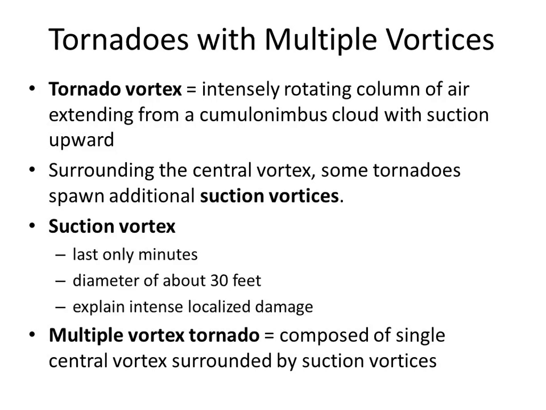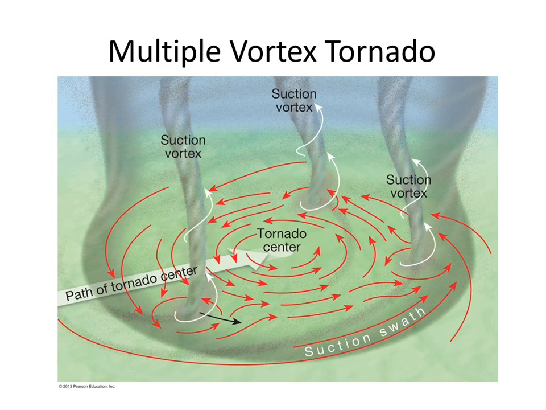I'm going to show you a figure here in a minute of what that would look like. So here's a figure. In the center you have your main tornado, right? But we have 1, 2, 3. Looks like we have an assortment of 3 suction vortices.